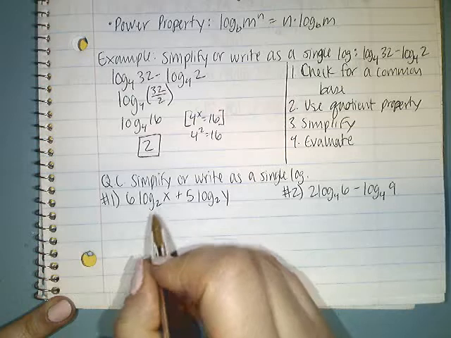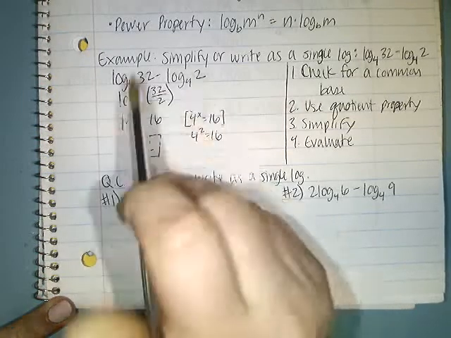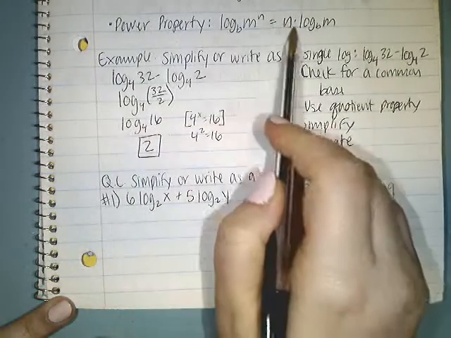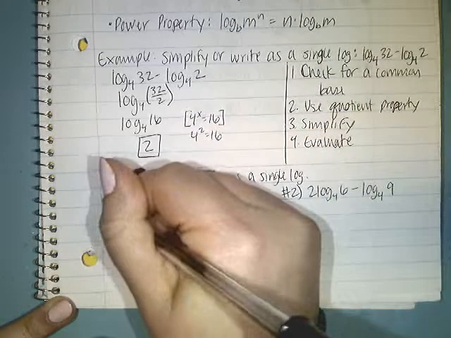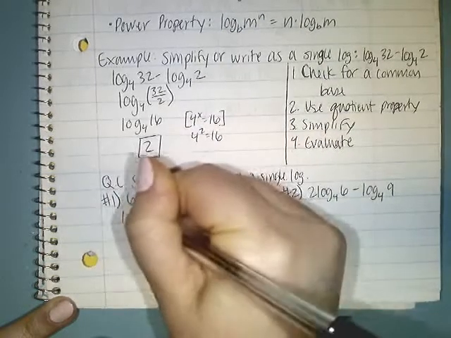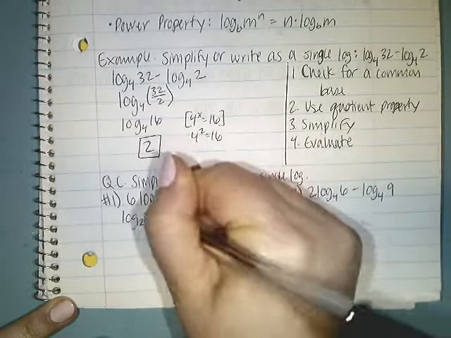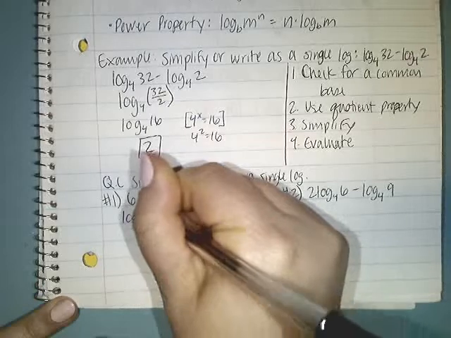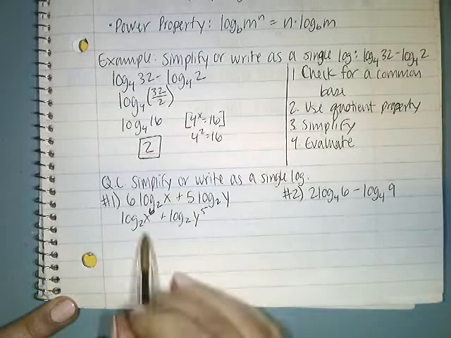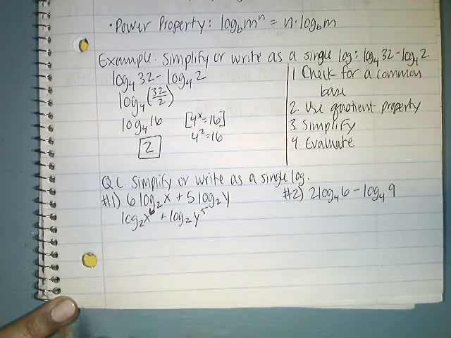First thing I need to do, since these are being multiplied in front, is use my power property. This number in front I can bring up into the exponent. So I'm going to rewrite this as log base 2 of x to the 6th plus log base 2 of y to the 5th. That's a 6 in the exponent, sorry if you can't see it. Again, these have the same base, so now I can combine their arguments.